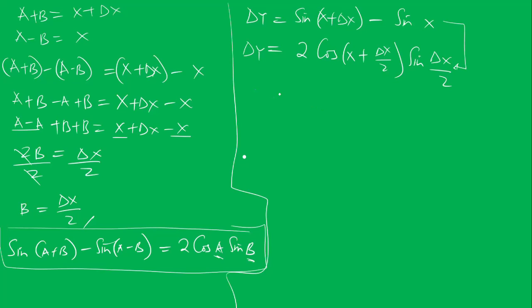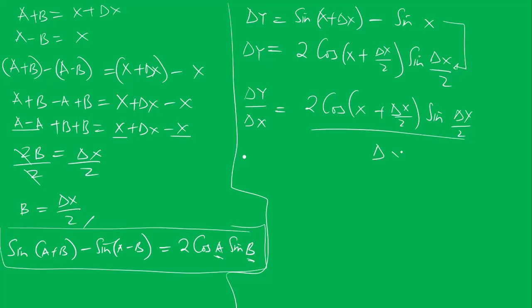Now if you divide all through by change in x, you have delta y all over delta x, which is equal to 2 cos x plus change in x all over 2 sine change in x all over 2 all divided by change in x.